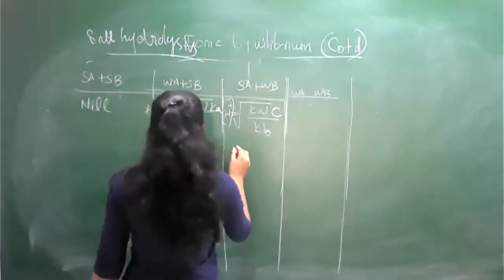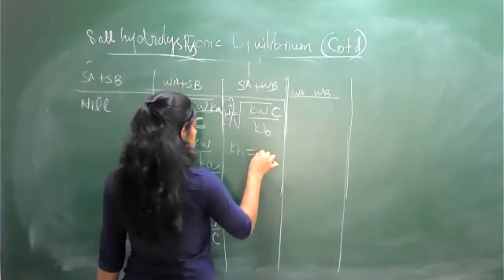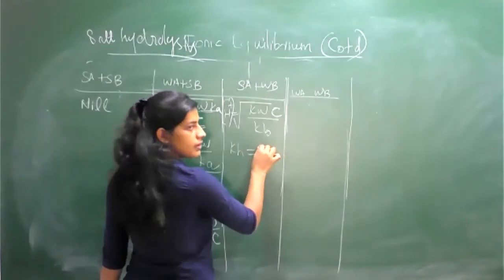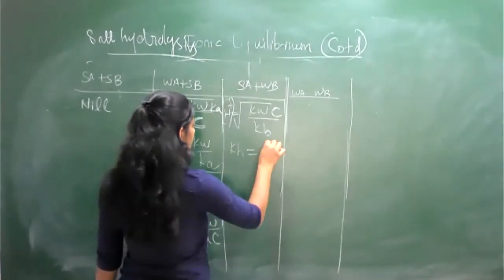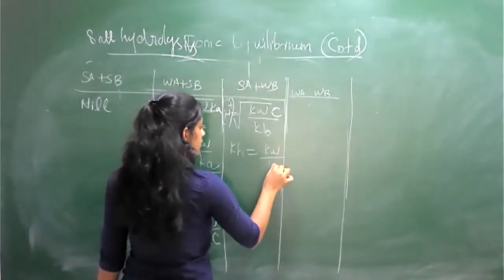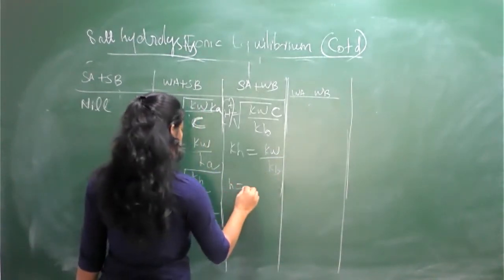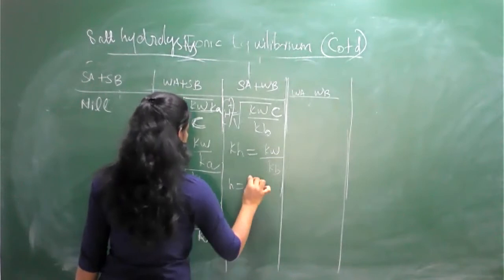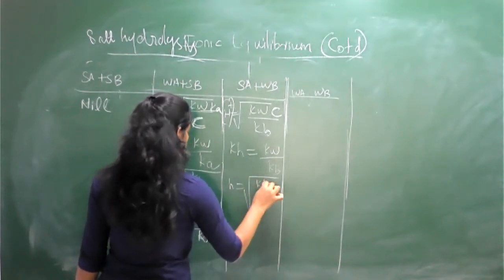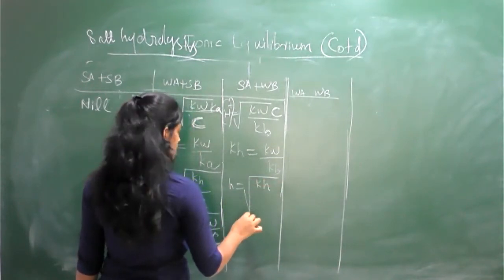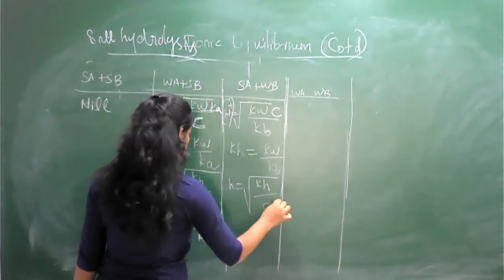Then H plus. K is equal to Kw by Kb. Then h equal to Kh by C. Okay.